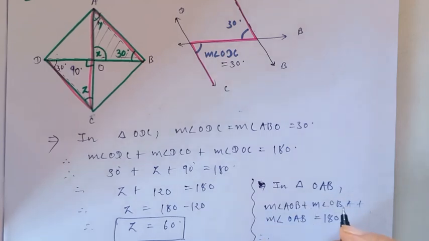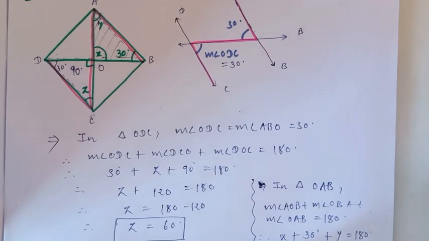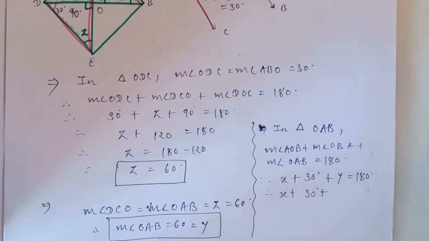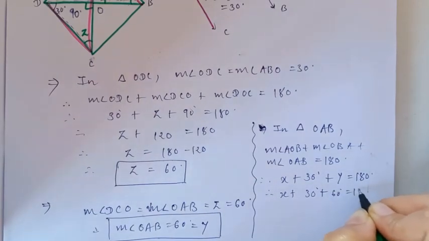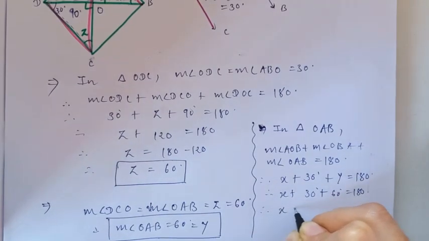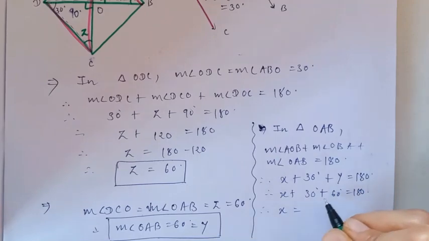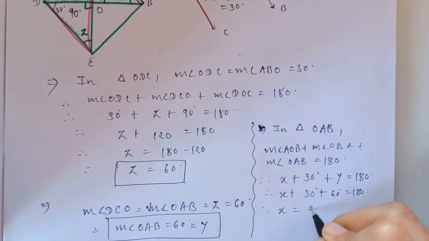Measure of AOB is X, measure of OBA is 30 degree, and measure of OAB is Y. X we have to find, Y we have got 60 degree, is equals to 180 degree, and X is equals to, this is 90. 180 minus 90 is 90 degree.